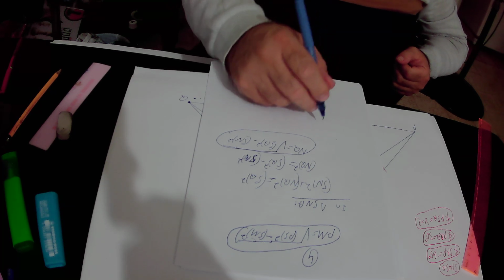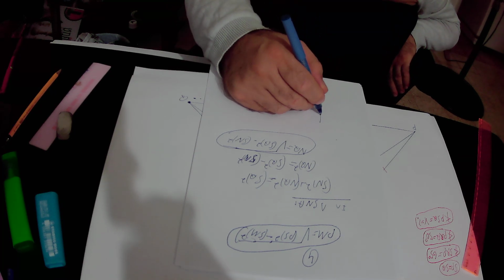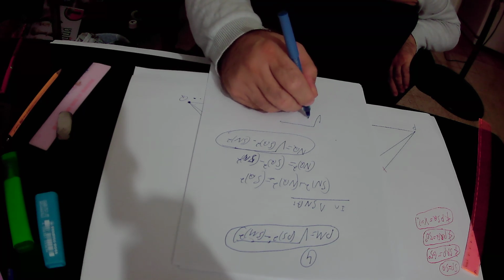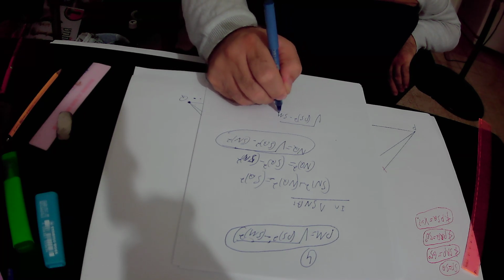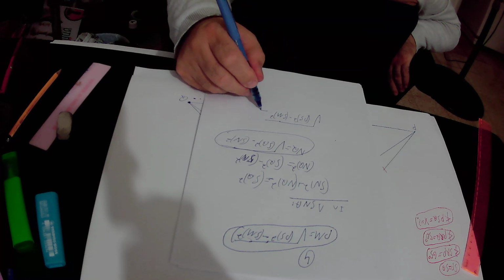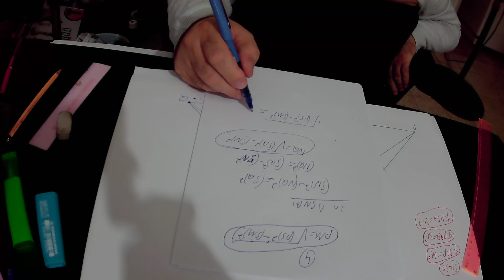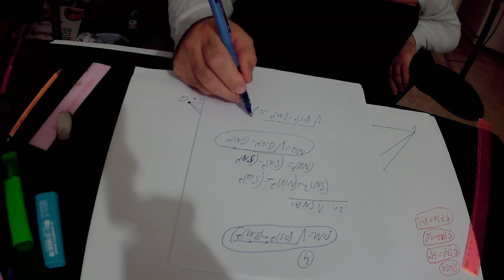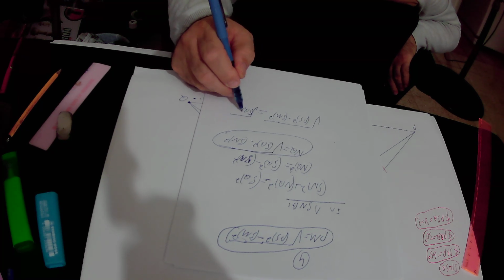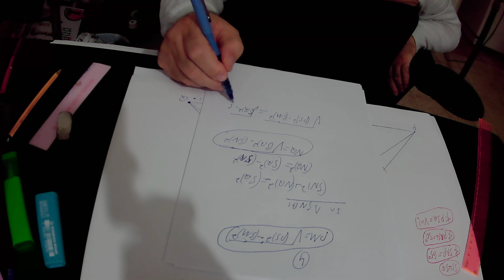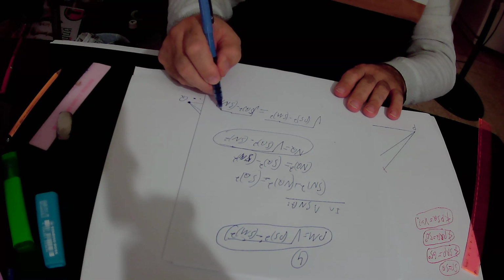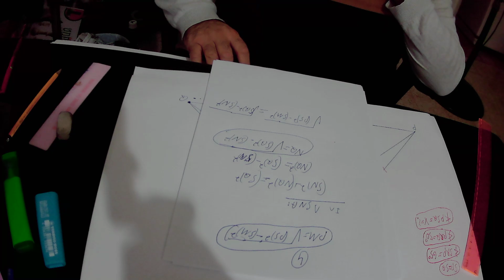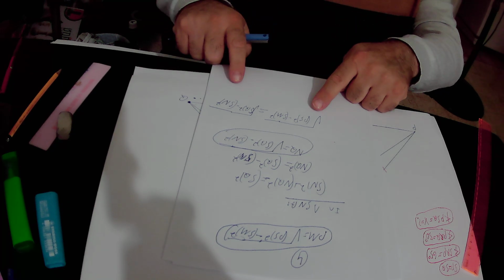PM equals the root of PS square minus SM square, while NQ equals the root of SQ square minus SN square. Okay, those two expressions are equal to each other.